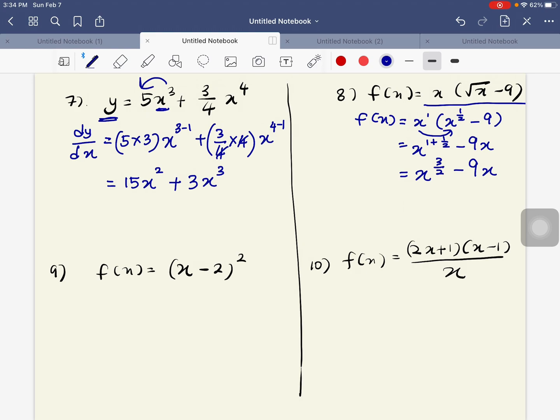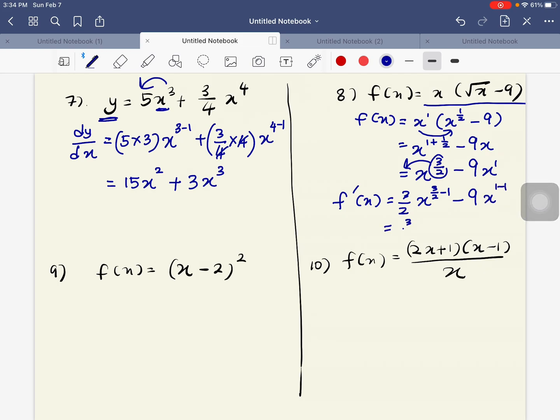So f prime x is actually 3 over 2 x power of 3 over 2, tadi power dia kita turunkan, kita letak kat depan. So 3 over 2 minus 1, minus ini power of 1 kan tadi. So we take 1 down and then x dia jadi 1 minus 1 kan.